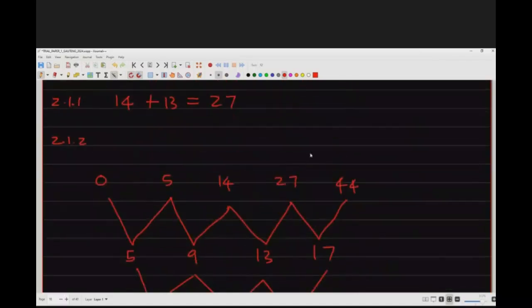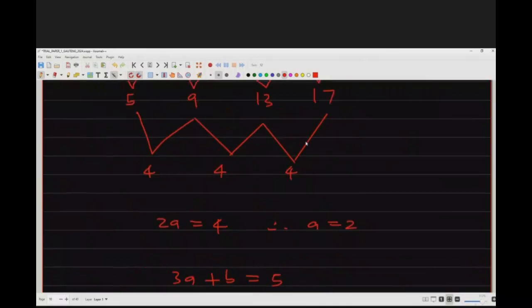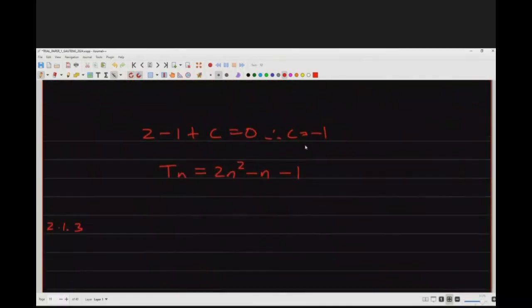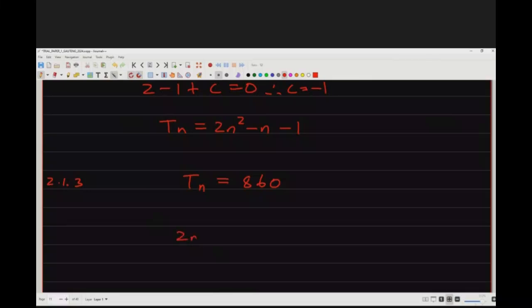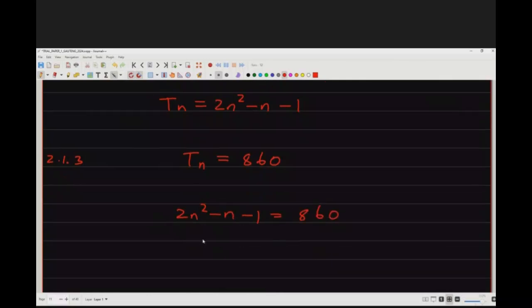And our last term here is 860, meaning that we're going to equate Tn to 860. And Tn, 2n squared minus n minus 1, is equal to 860. So meaning that this is 2n squared minus n minus 861, equal to 0.